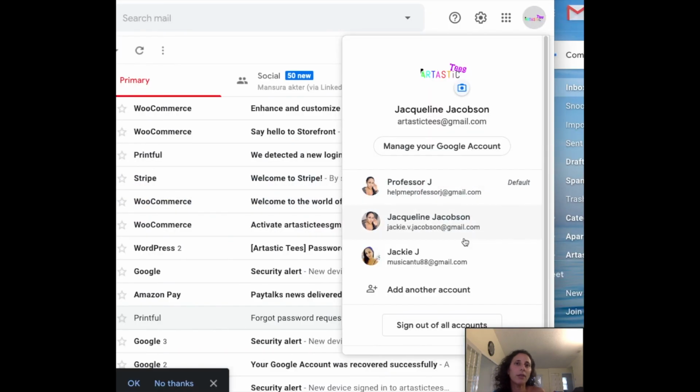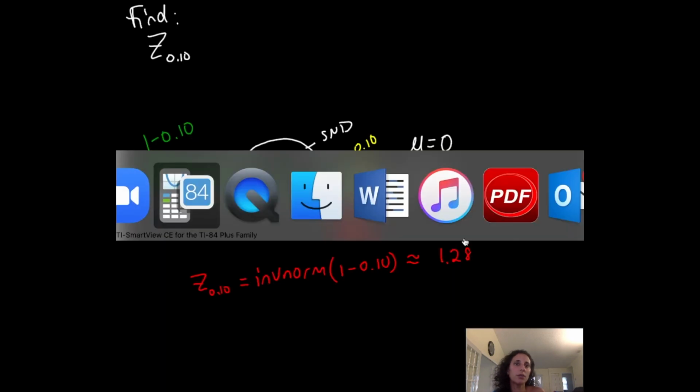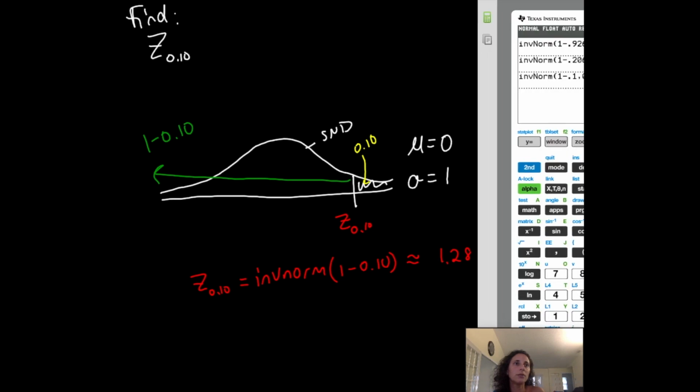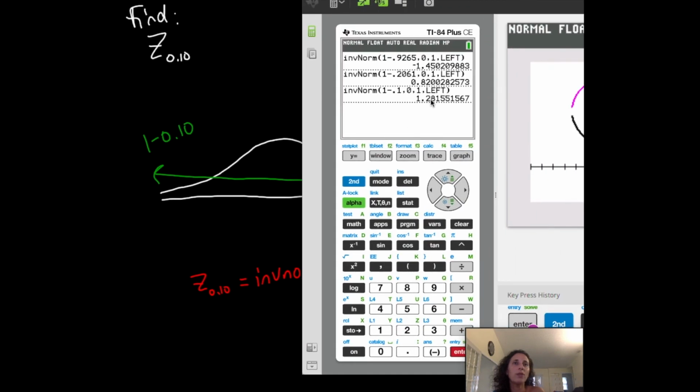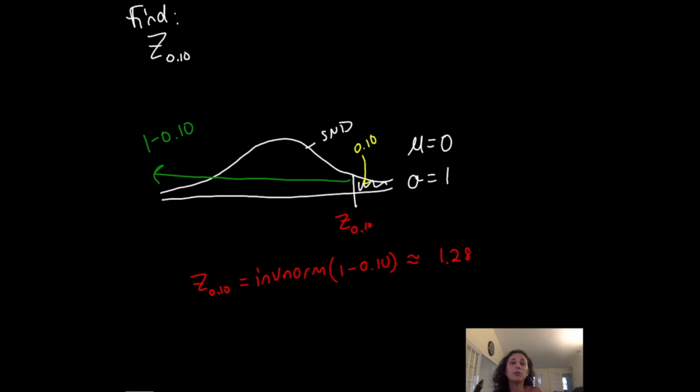Let me double check that. I think that's what it said. Yep, 1.28. We round z-scores to the nearest hundredth. Okay, finding critical values. Typically, you're always going to do inverse norm of 1 minus whatever this thing is to find the critical value.